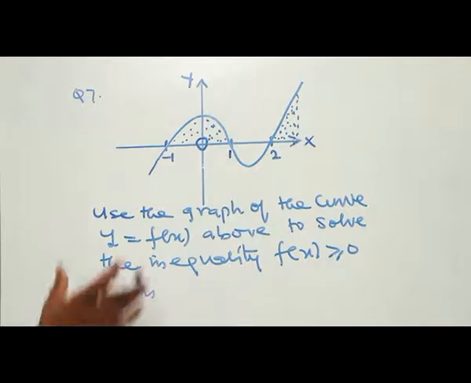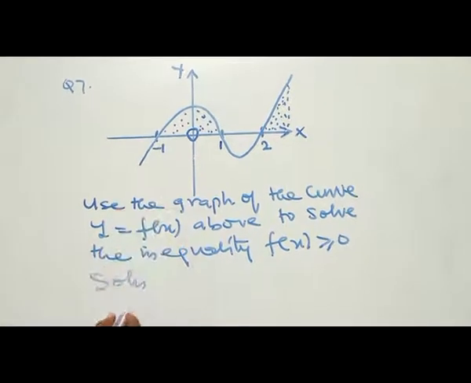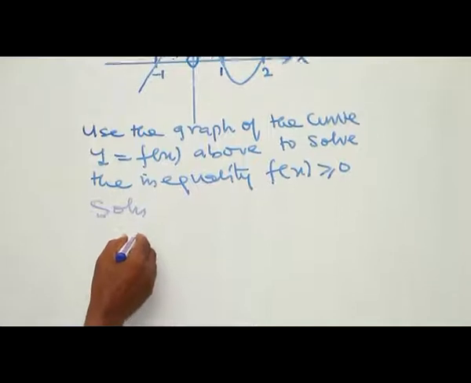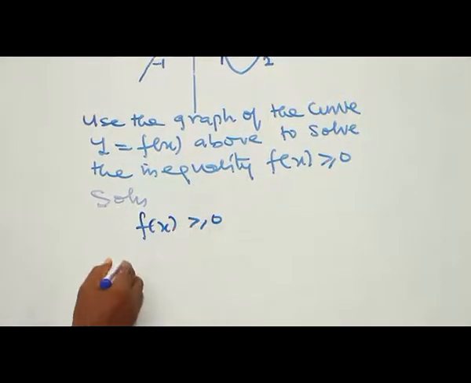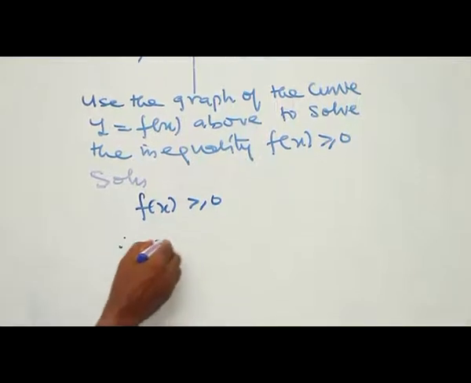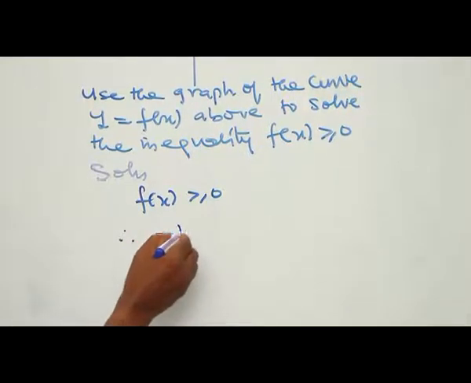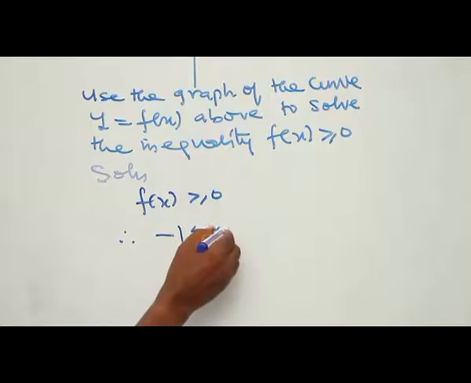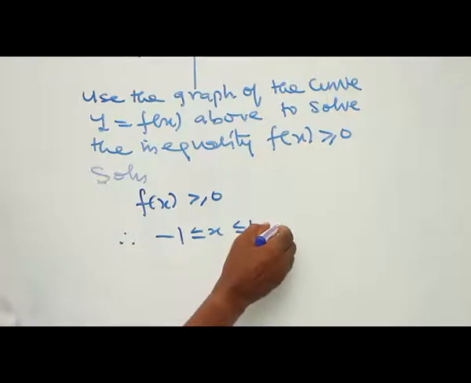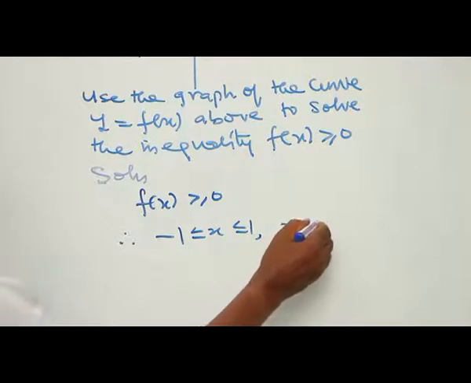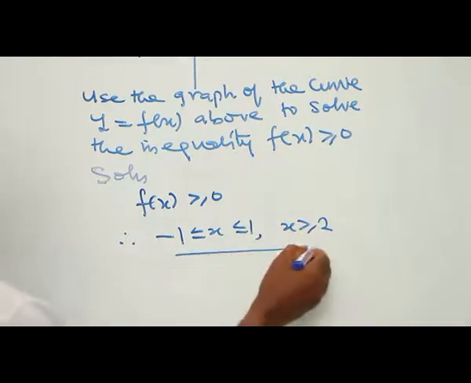So the solution says f of s is greater than or equal to 0. Therefore, the solution is minus 1 is less than or equal to s, and then less than or equal to 1, comma, and then s is greater than or equal to 2. And that is the solution to the problem.